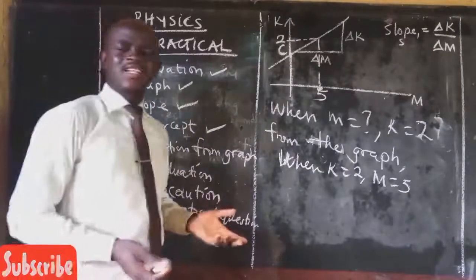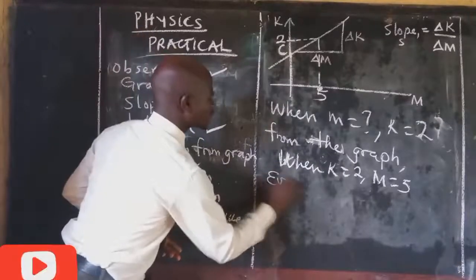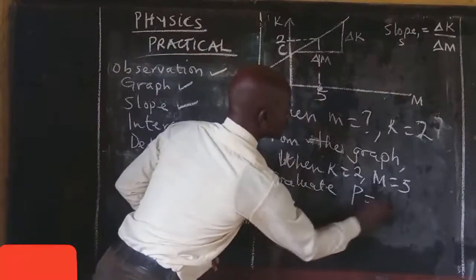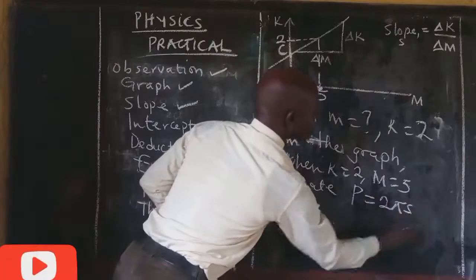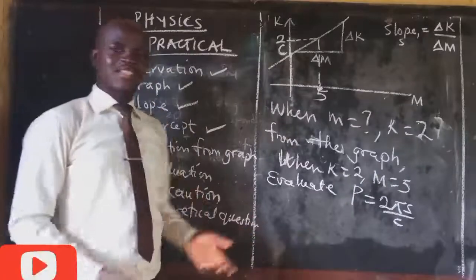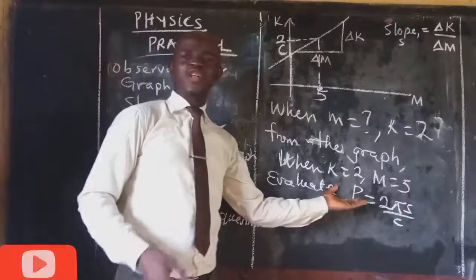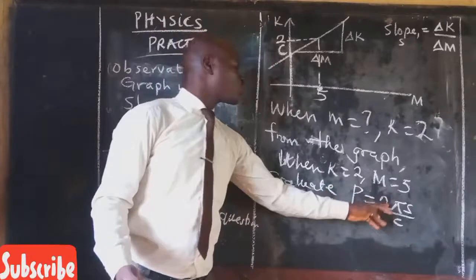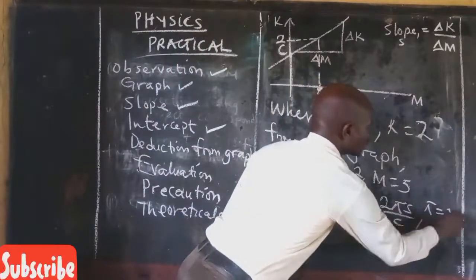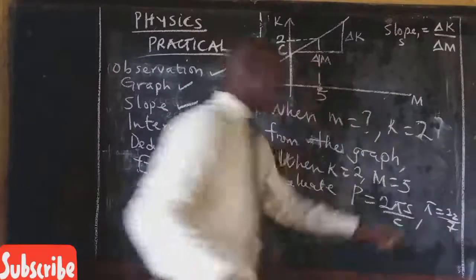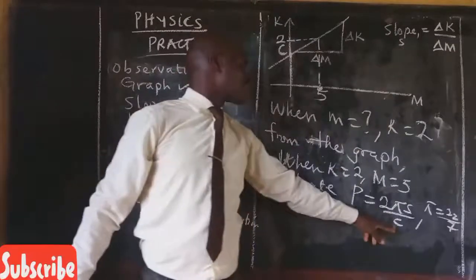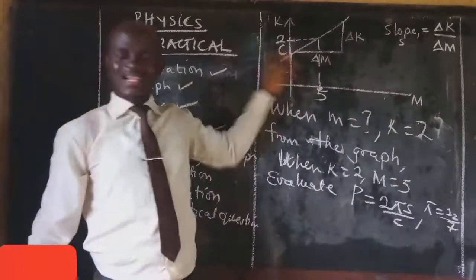Let us assume that the question says evaluate P equals 2 pi S over C. P is what you are going to get the value of. 2 is a constant. Pi is also a constant, which is 22 over 7. Our S is the slope that we have determined, and our C is our intercept.